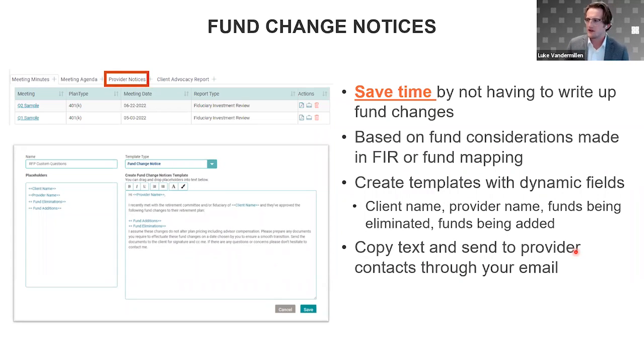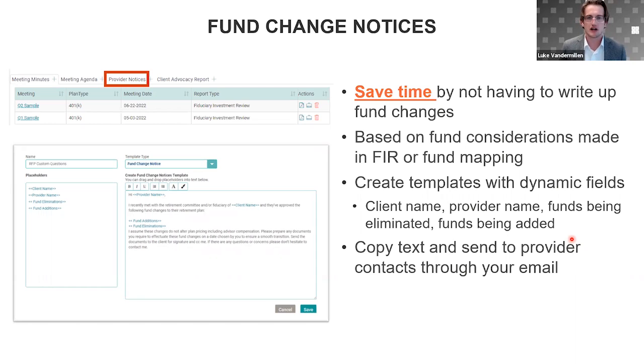Within the meeting minutes section of the client details page in RPAG, you'll notice now there's a provider notices section, where you can select the investment review report that you've run for your client. Let's say it's your Q2 investment review. Then the RPAG system is automatically going to create an email for you that you can copy and paste into your email browser to send to a record keeper to initiate a fund change.